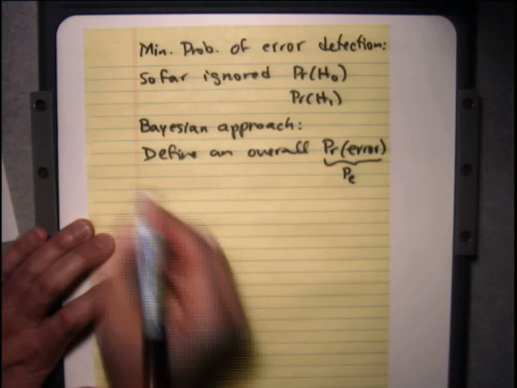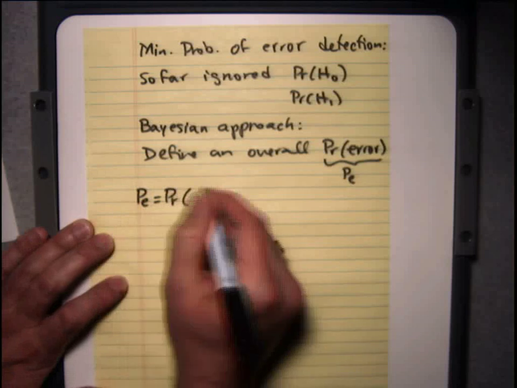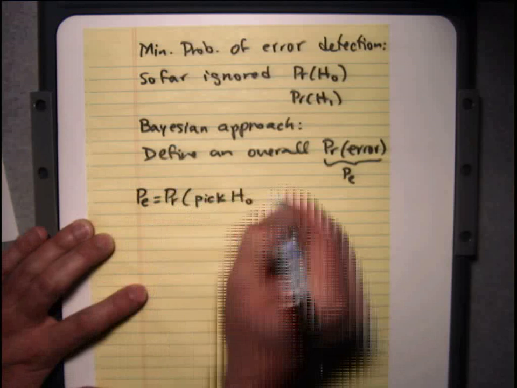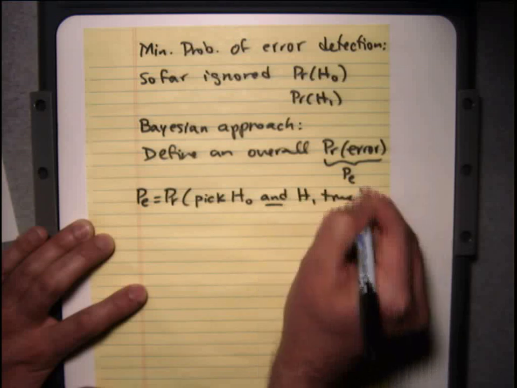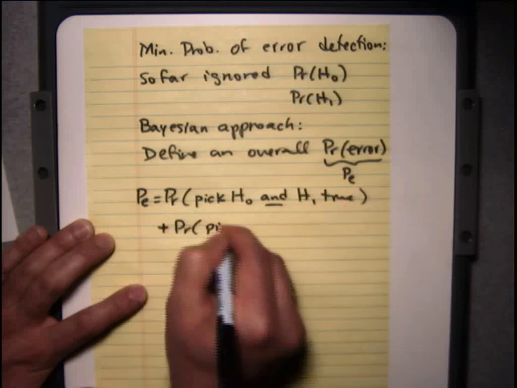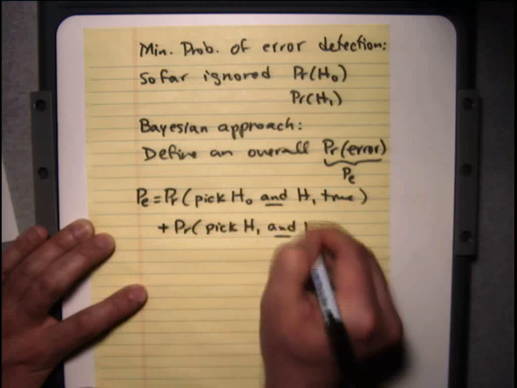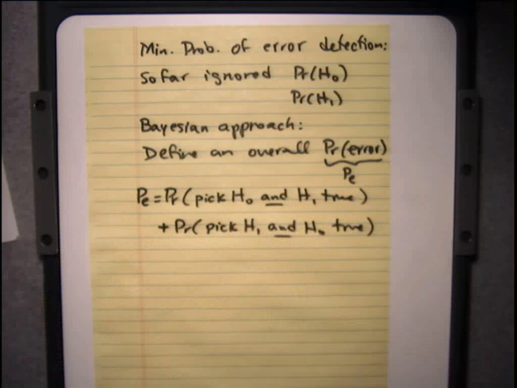Let me write the probability of error as the probability of picking H0 and H1 being true, plus the probability of picking H1 and H0 being true. These were the two different kinds of errors that we made.